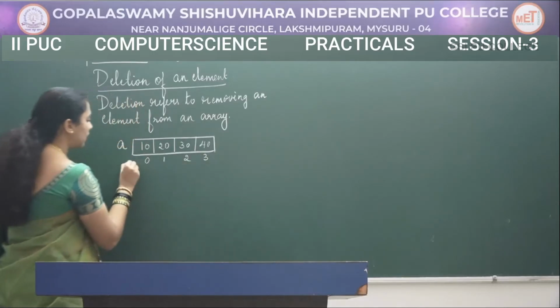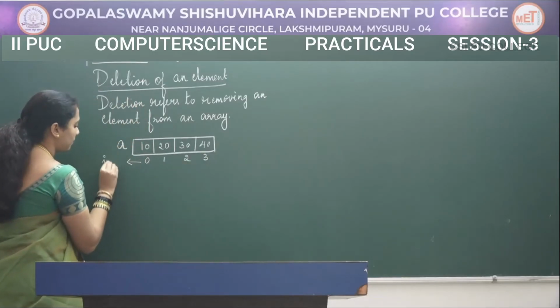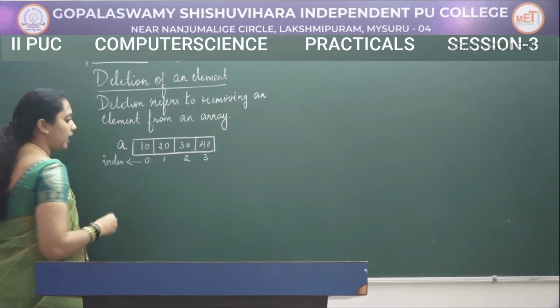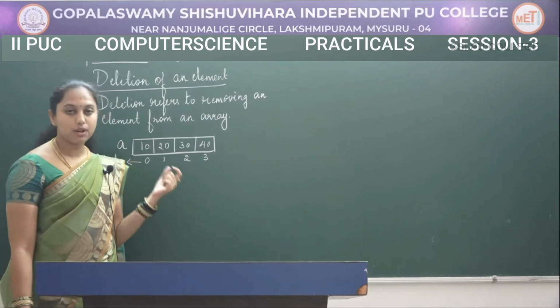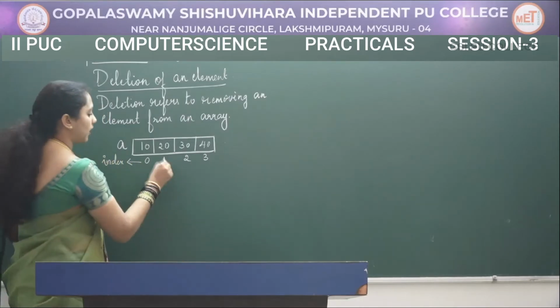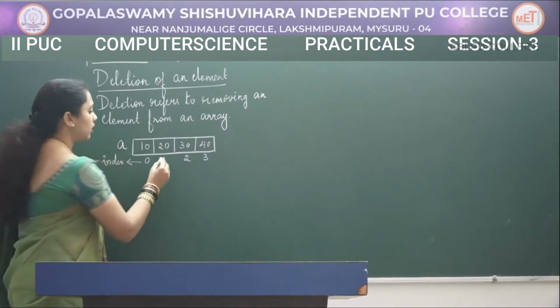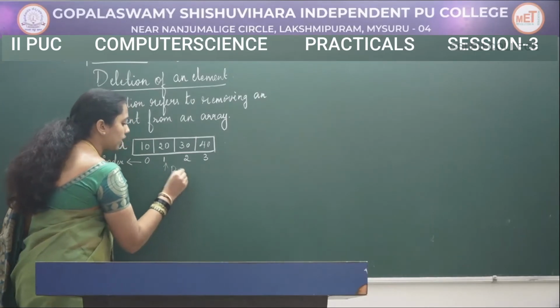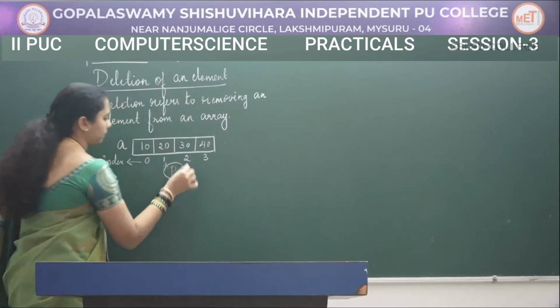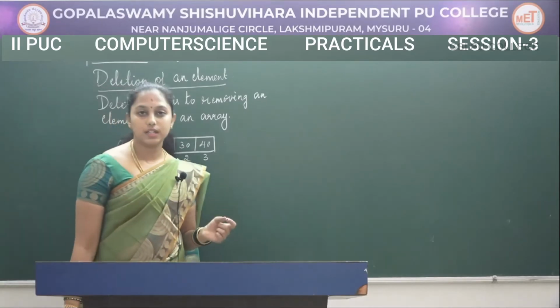So these are all the indexes of an array. I want to remove an element from the position 1. So how to remove an element?